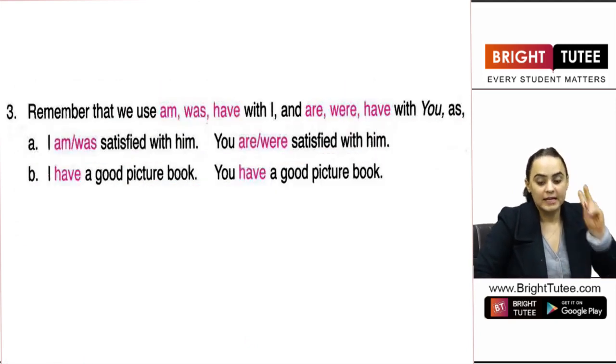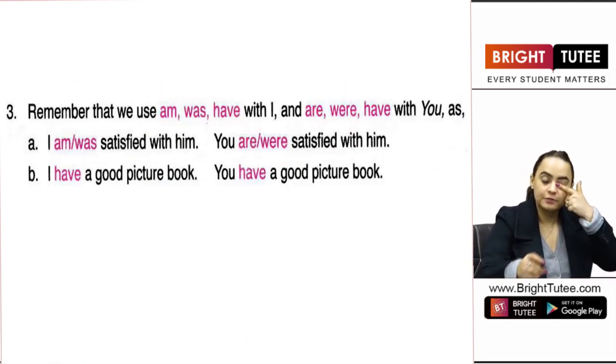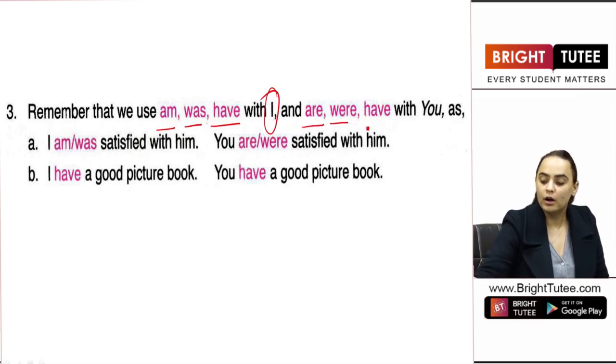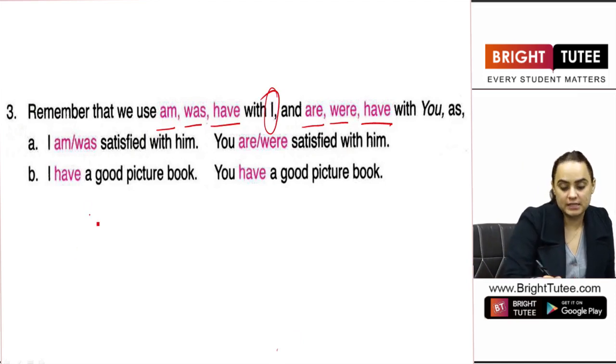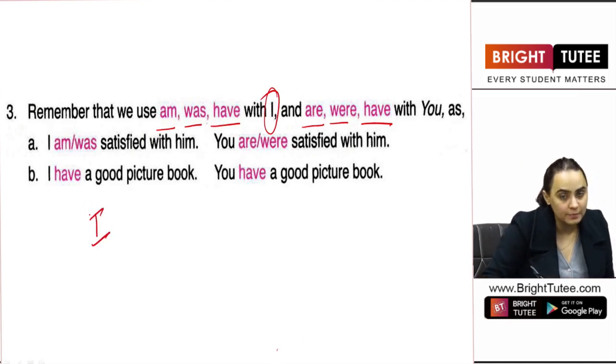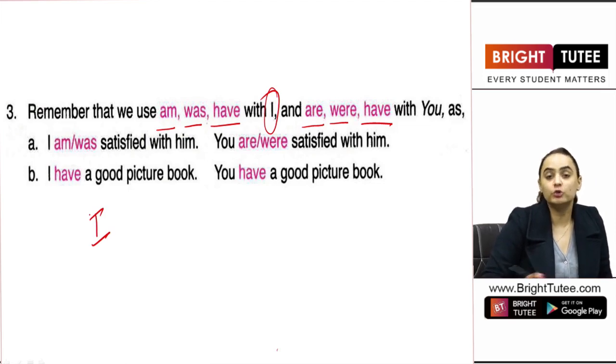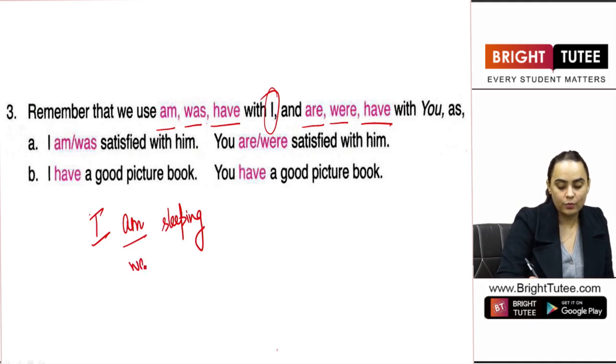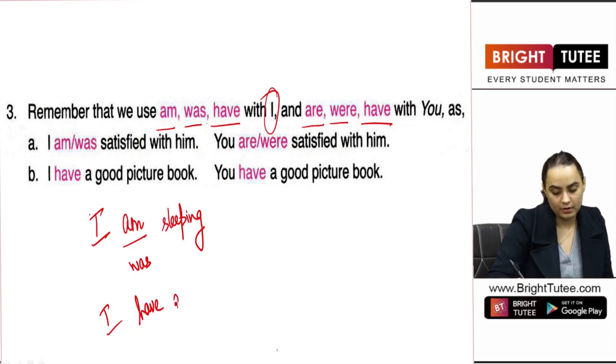Moving ahead, the third rule says that we use am, was, and have with I, and are, were, and have with you. That means whenever in the sentence my subject is I, the only verbs that I can use with the subject I are am, I am sleeping, or I was sleeping, or I have done the work.